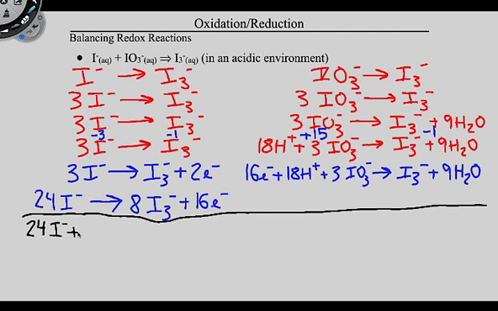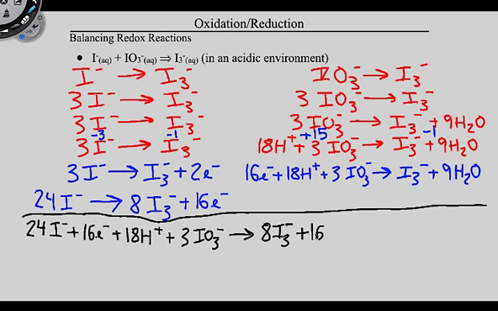That's my only reactant here, but I've got to gather up these reactants, plus 16 electrons, plus 18 protons, plus 3 IO3 minuses, and that yields 8 I3 minuses plus 16 electrons plus an I3 minus plus 9 waters. I am in the zone.